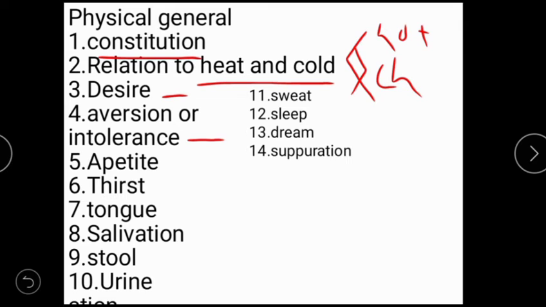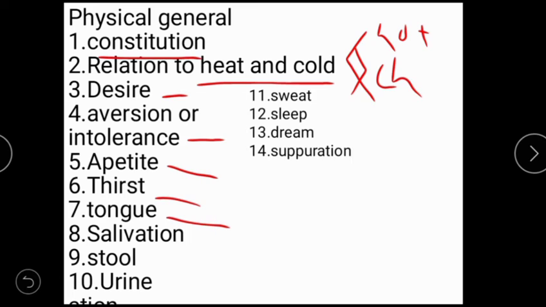Appetite, is it good appetite or bad appetite. Thirst, is it a large quantity at long intervals, or a small quantity at small intervals. Then tongue, is it dry, brown, or coated with yellow? That is the type of things we describe for that drug.